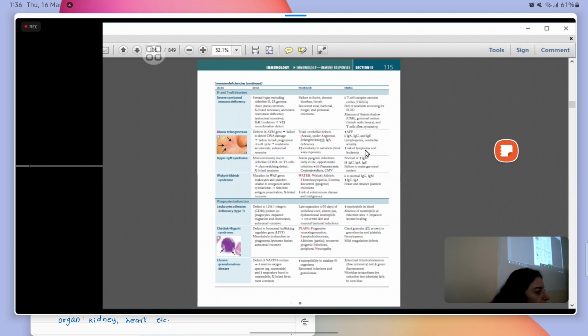Ataxia is uncoordinated movement. When you hear about ataxia, always remember the drunk people, because when they are drunk, their movement is incoordinated. Okay, that is ataxia. Also, they have immunodeficiencies because T and B lymphocytes are affected, and we have recurrent bacterial, fungal, and viral infections.